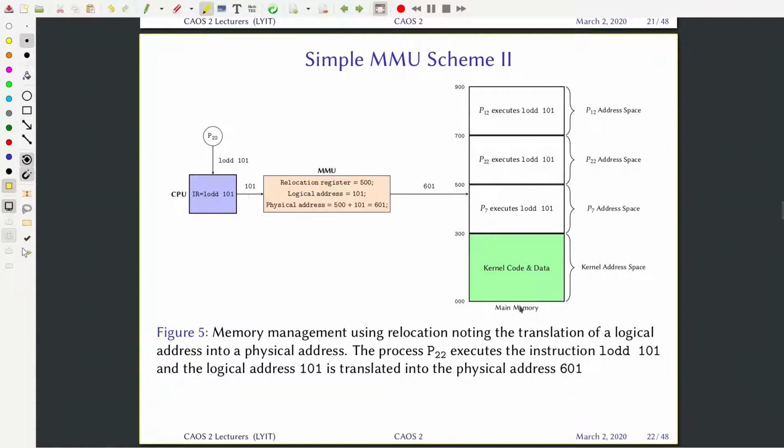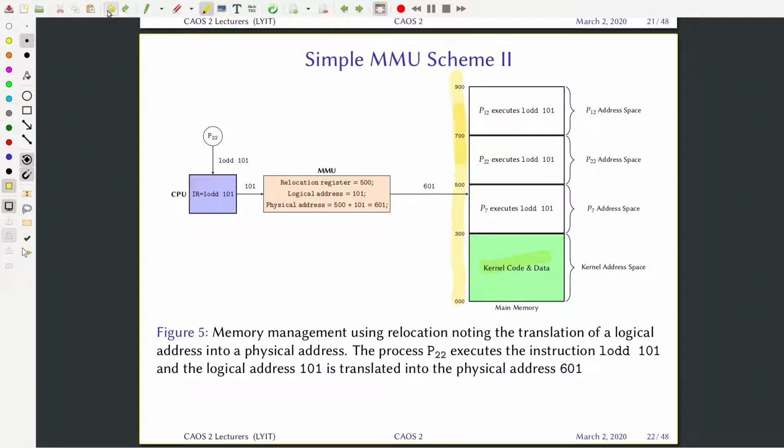So you can see that we have the same set of processes loaded into main memory. So there they are there. There's three processes plus the kernel. There's the kernel. There's P7 that we were looking at a moment ago. There's P22 and there's P12.